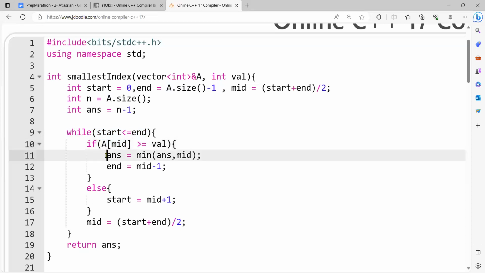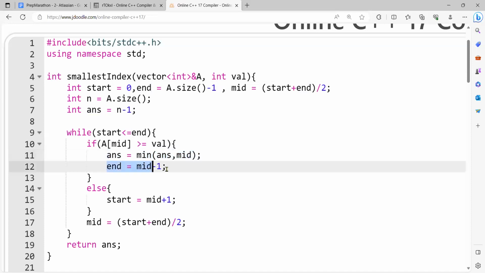So I will store the minimum in my answer. Answer is storing the smallest index where the value is greater than or equal to this passed value val. So I'm considering the value, and next I'm searching for a smaller index.